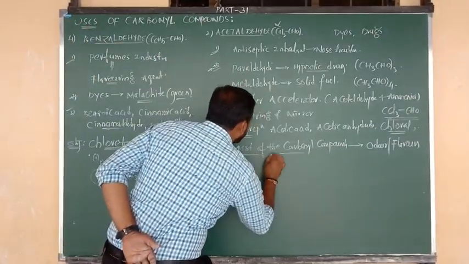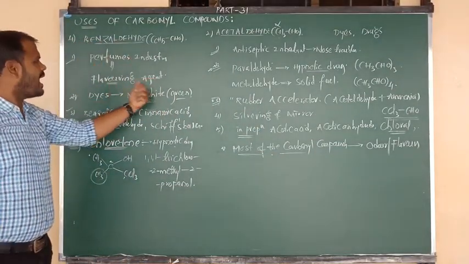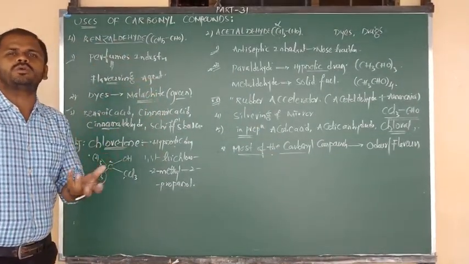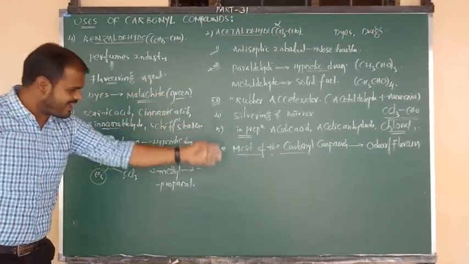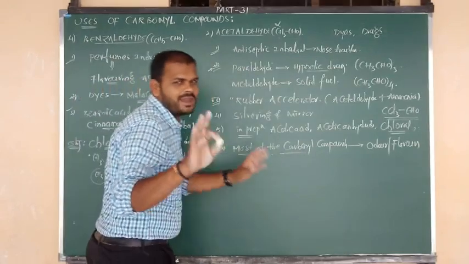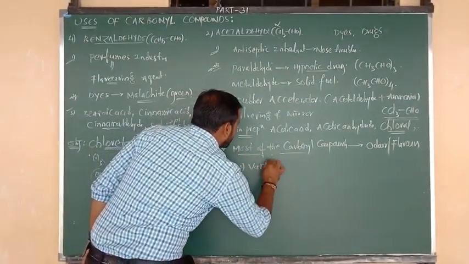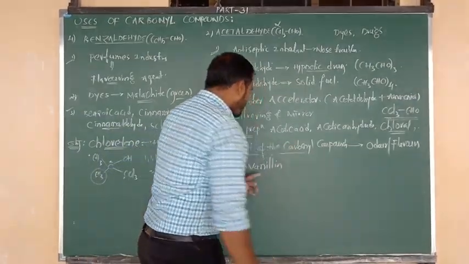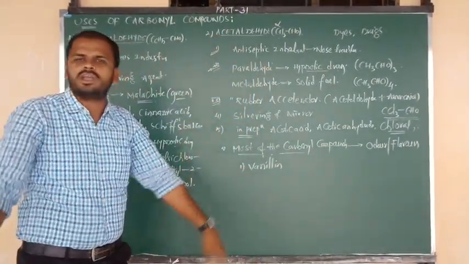Already I have given one example, that is benzaldehyde. It is used in the perfume industry as a flavoring agent, due to its good fragrance. Similarly, some other examples are very important. Number 1 is vanillin. The structure of vanillin I gave in the day 1 nomenclature list; you can check there.